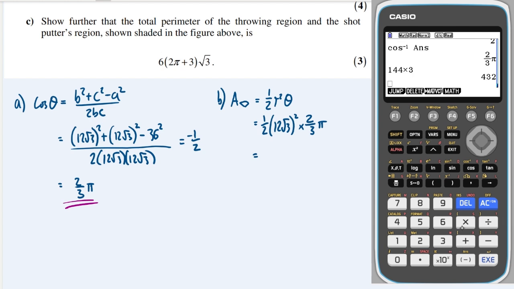We then need to divide that by 2 and then times that by 2/3. And that gives me 144 pi.